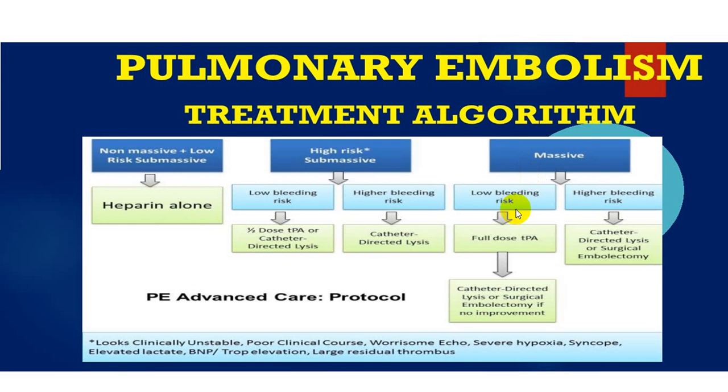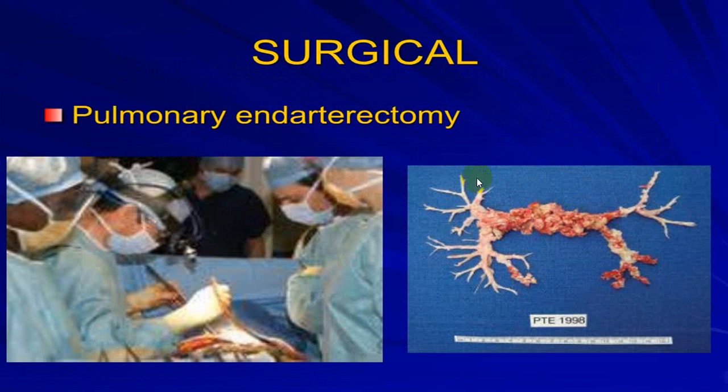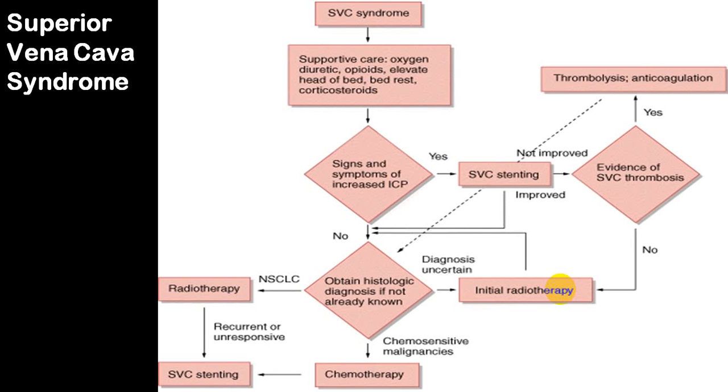And in a massive pulmonary embolism, you can go for catheter directed chemolysis, or what we call thrombolysis, or you can go for surgical embolectomy, etc., depending upon what stage it is. This is pulmonary endarterectomy. You can see how big the clot which has been removed is, or what we call thrombus which has been removed.